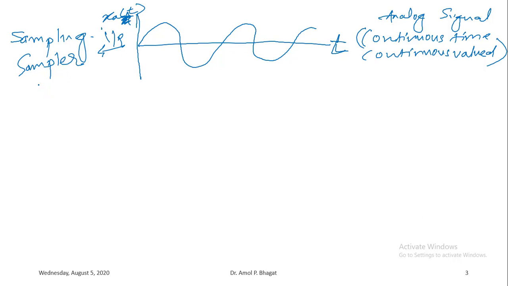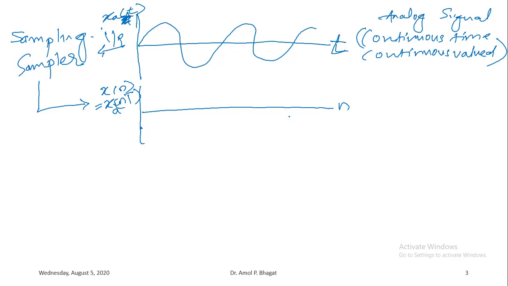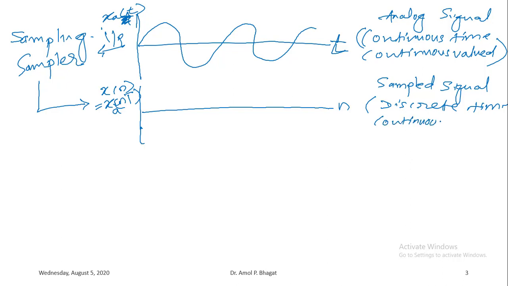The output of the sampler can be denoted as x of n, which is nothing but x of small n capital T. This signal is called the sampled signal, which is discrete in time but continuous in value.